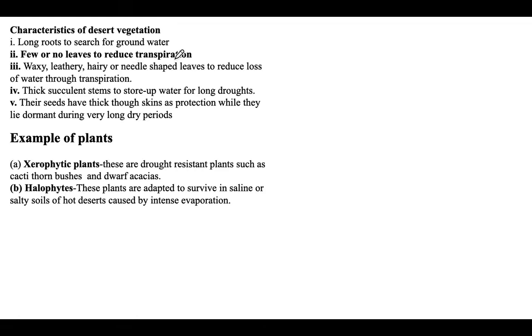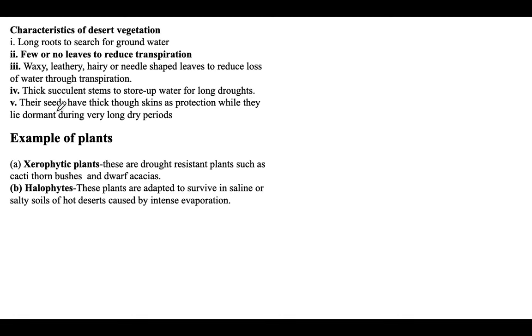They have thin or no leaves, and also waxy, leathery, hairy or needle-shaped leaves to reduce the loss of water through transpiration. They also have thick, succulent stems to store up water for long droughts. Since in the desert it doesn't rain, the plants store water in the stems.